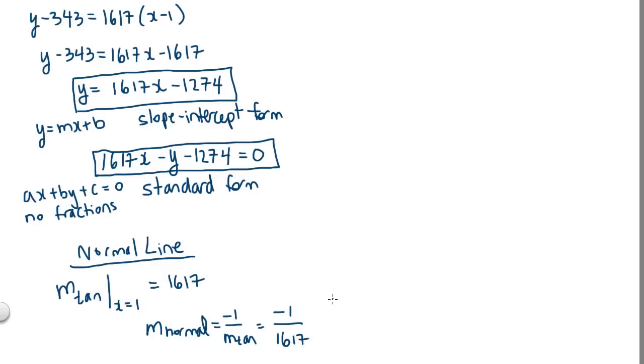And the point, so let's actually just summarize that as m before we write anything else down. So m is minus 1 over 1617, and the point that we're interested in, still the same point as we used before, 1, 343.